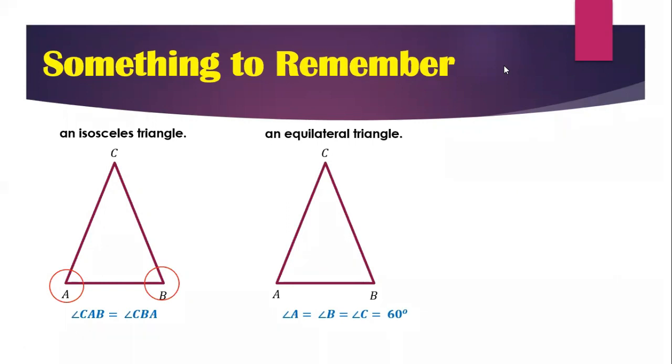That's the properties of the equilateral triangle. Angle A equal to angle B equal to angle C, and the size of each angle is 60 degrees.